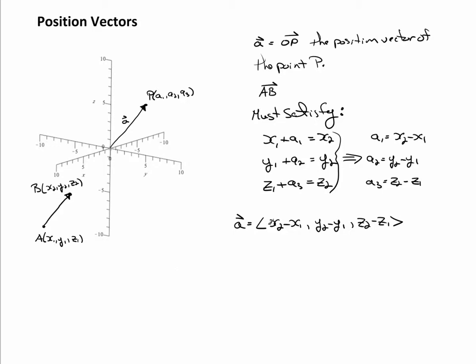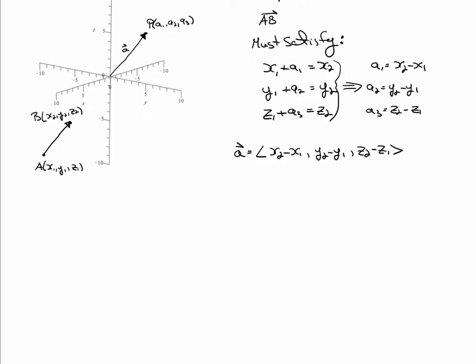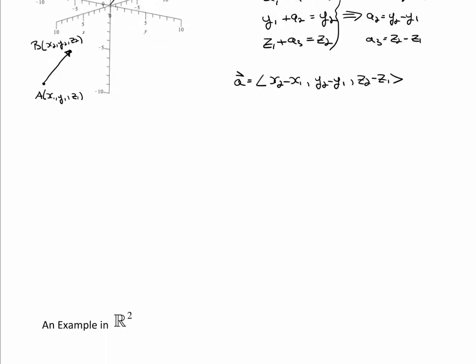All right, now let's go ahead and consider a simple example in R2. Now, suppose I have, well, let's first set up some axes I can work with here. Obviously, x and y axes.